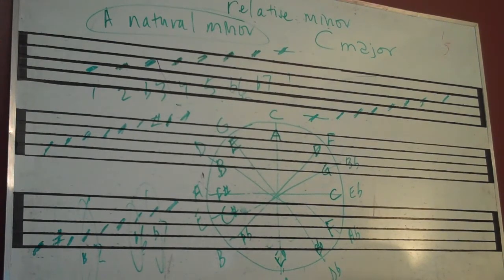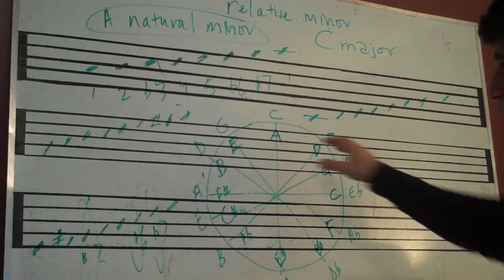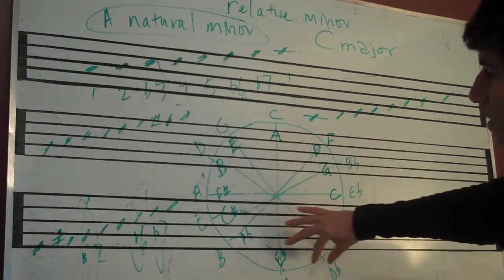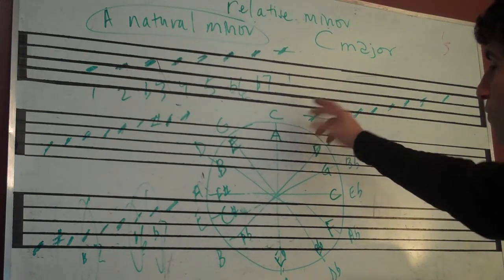Hopefully that makes sense. And yeah, write out your scales. It's really good practice. And then, you know, here's maybe a little trick to remembering these, besides that they share the same notes, of course.